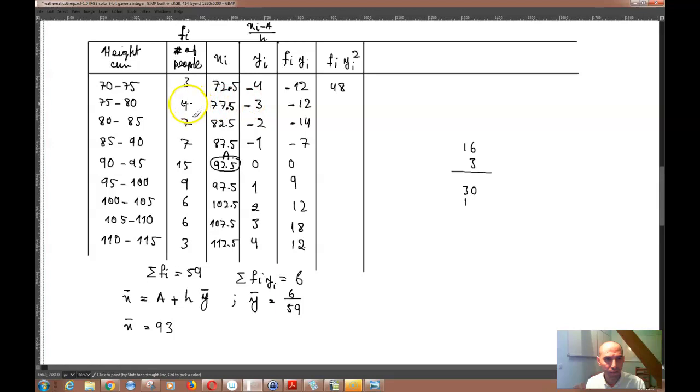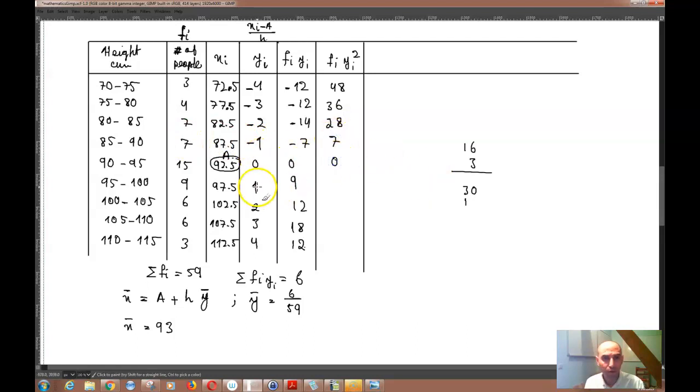Over here 9 times 4 is equal to 36. Again, 4 times 7 is equal to 28. 1 times 7 is equal to 7.